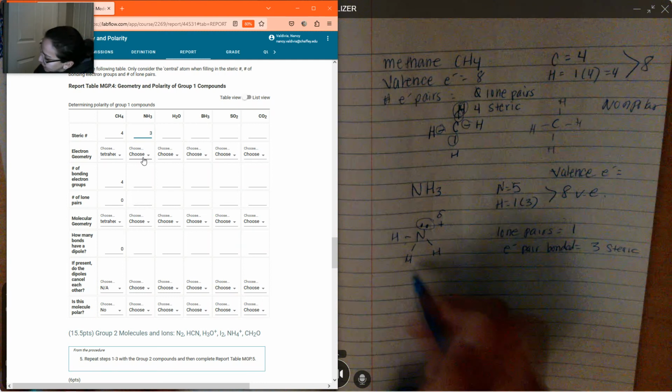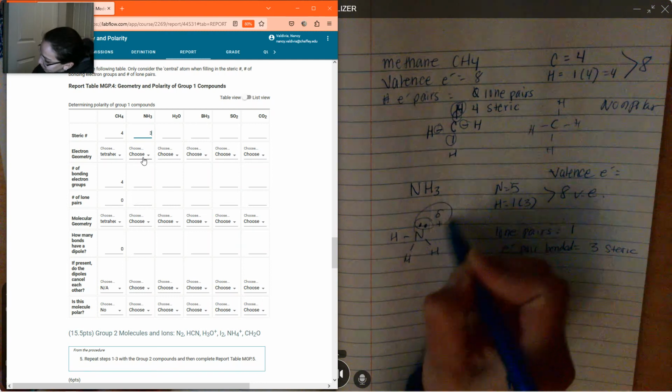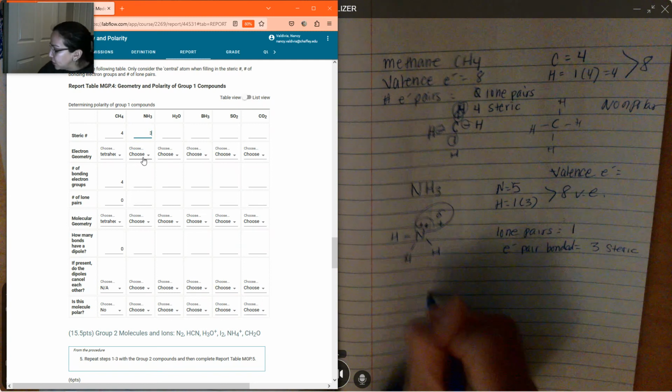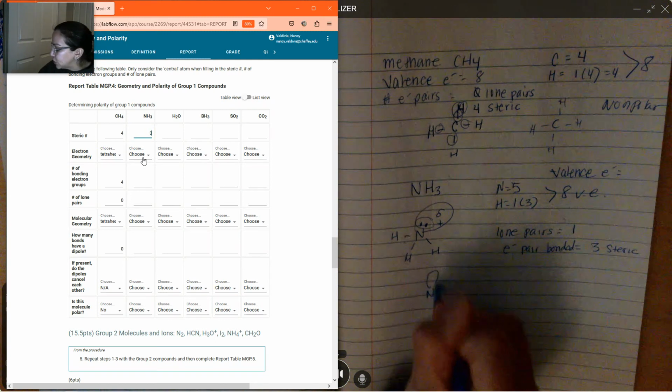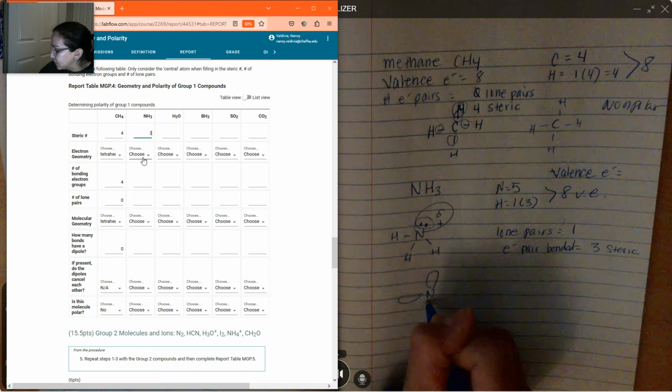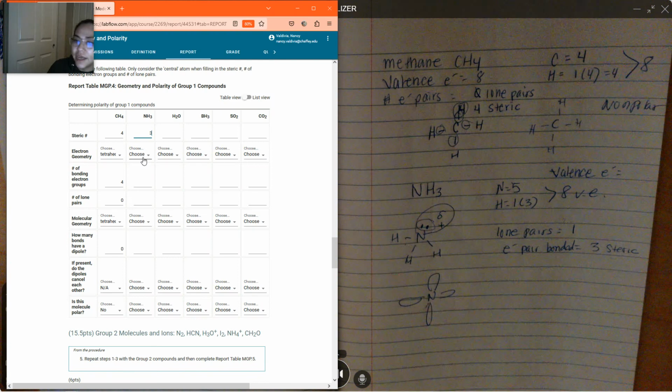What is the electron geometry? Well, the electron geometry, if we remember, includes the electrons on here. So according to the electron geometry, we have this shape right here, which is a tetrahedral. The number of bonding electrons, though, is 3.